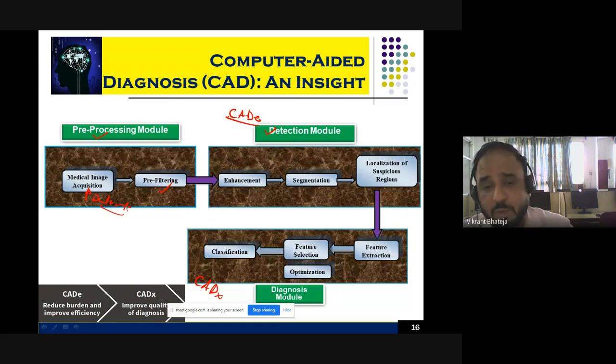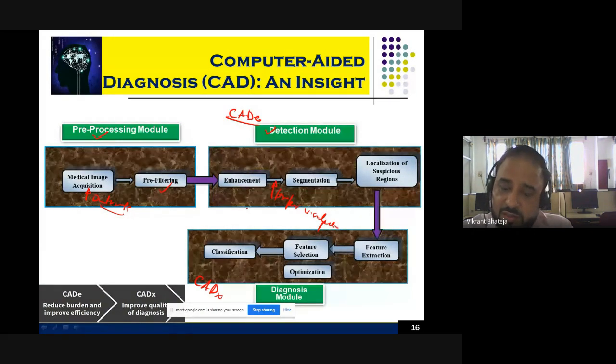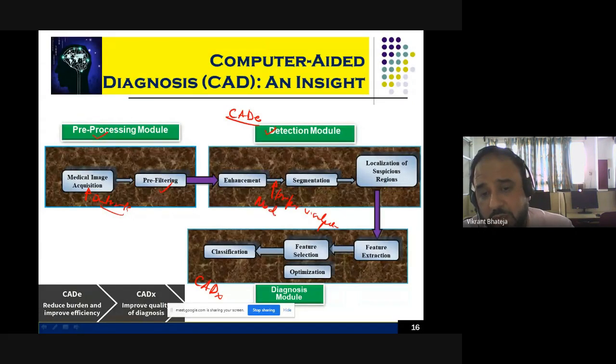So once you have an enhanced image, that means you have a proper visualization of suspicious regions in that image. Herein, a medical practitioner can intervene at this particular stage.